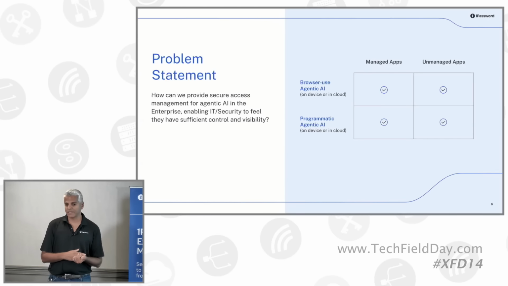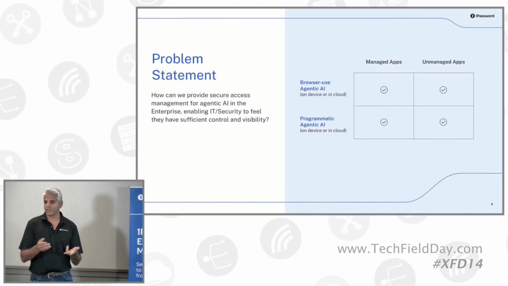The other type of agentic AI is a programmatic agentic AI. This is the kind that would use APIs or MCP to talk to different applications, and do so programmatically. And these two agentic AIs access applications, some of them behind SSO and some of them not, right? Managed versus unmanaged. And the lines aren't super thick between these.